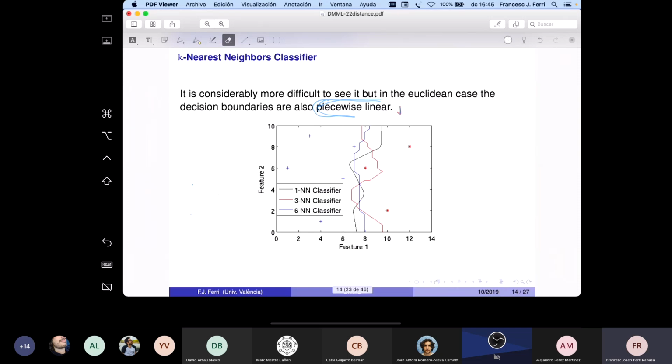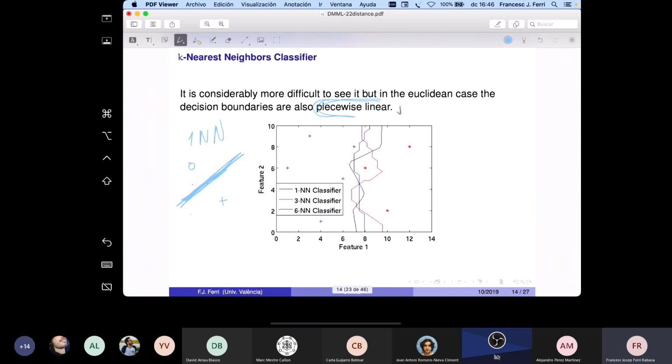Well, this is not a good plot to see that, but in the same way that in the case of one nearest neighbor, the boundary corresponds to the place that is at the same distance from 2 points at each side of the boundary.